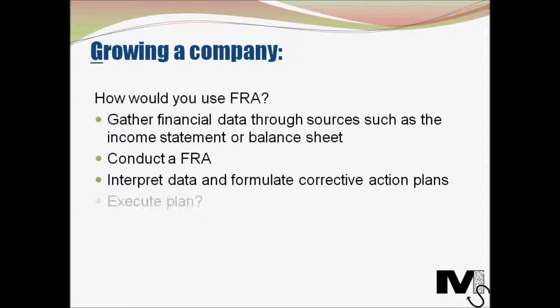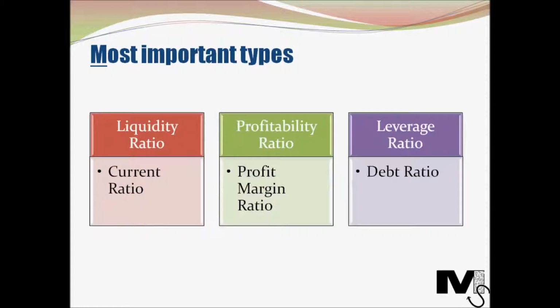Now, how you're able to execute the action plan is a completely different consideration, but it's nevertheless critical to have them in place. So what are the most important types of financial ratio analysis? Liquidity ratio, profitability ratio, and leverage ratio. We're going to look at each of them and look at the subtypes mentioned as well.